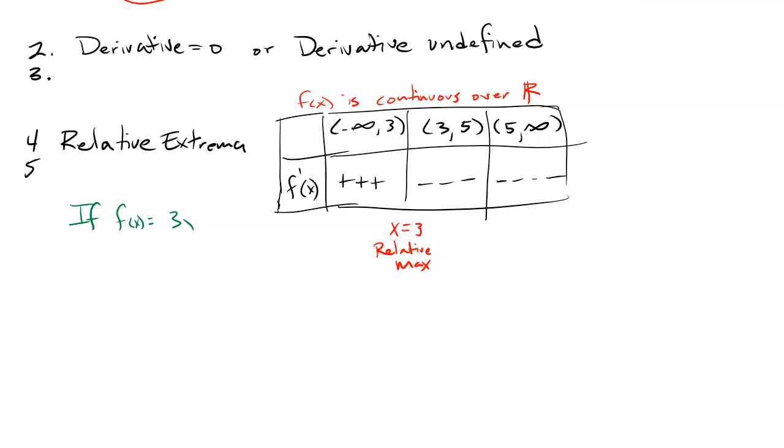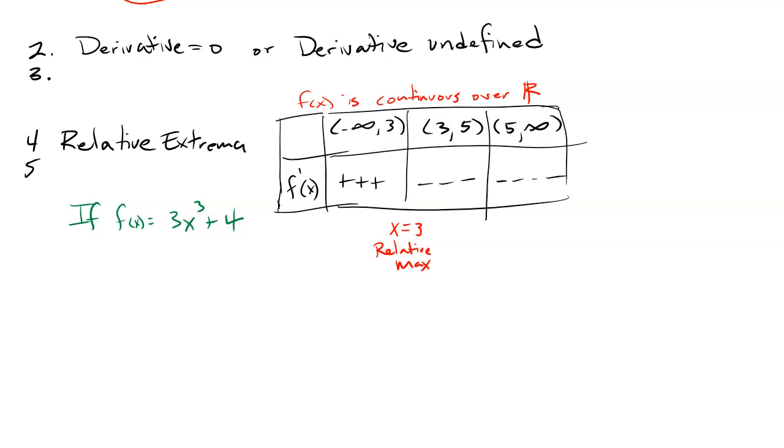Obviously, this information doesn't match up. I'm just totally making stuff up off the top of my head. So let's pretend this was the function that went with this table, even though it does not.